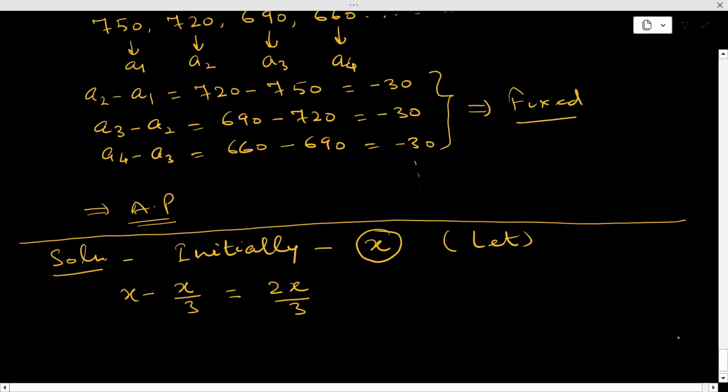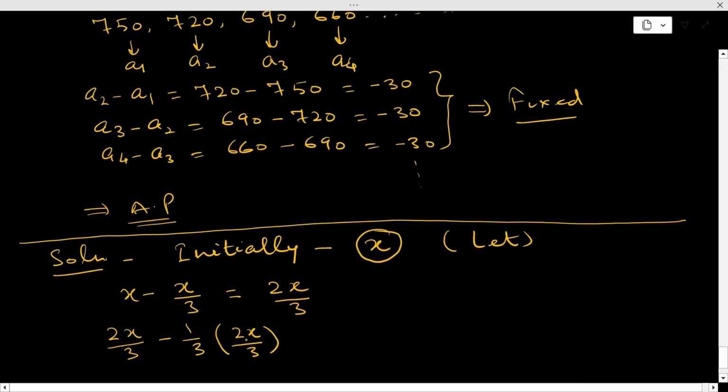Now next, because the air in the cylinder is 2X by 3, the pump will again remove 1/3 of 2X by 3, because now we are left with only 2X by 3 amount of air, and the pump is removing 1/3 of the amount present in the cylinder.